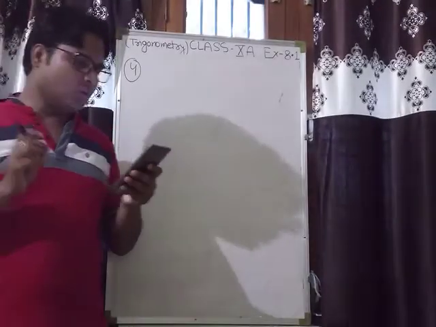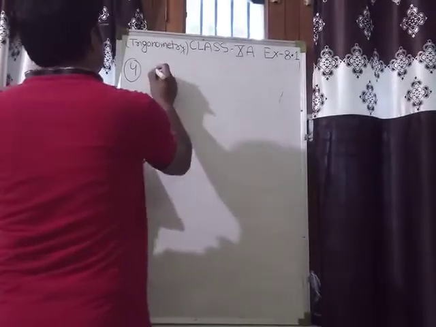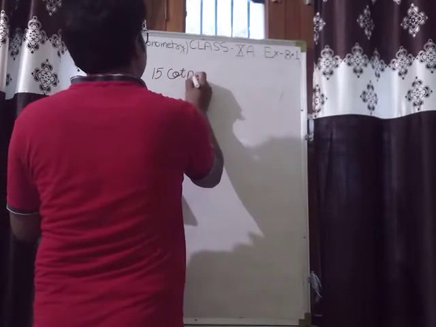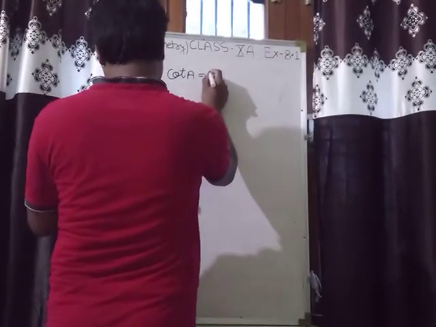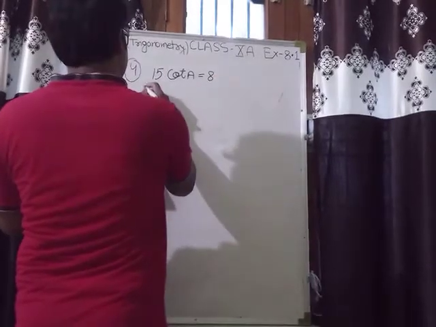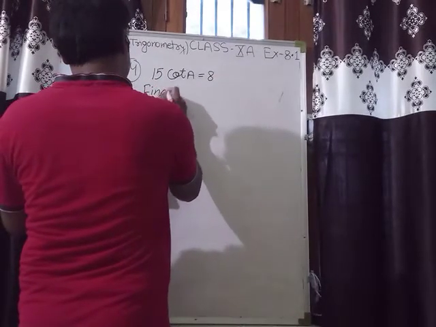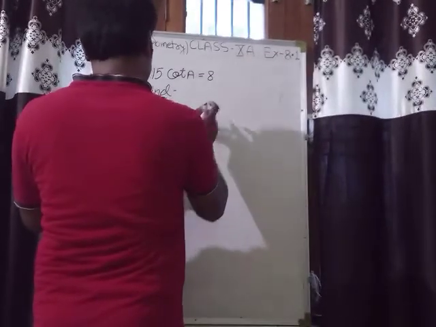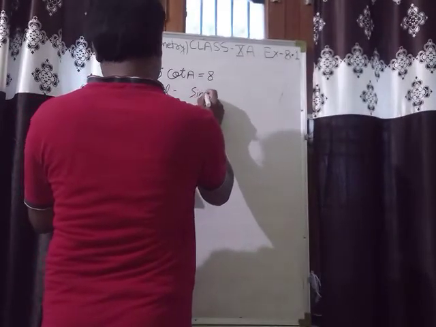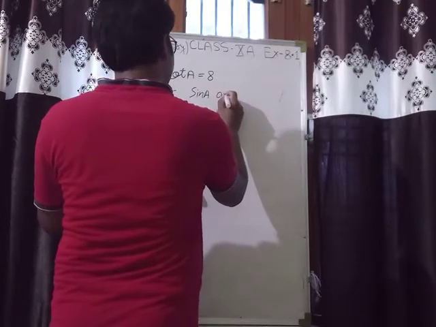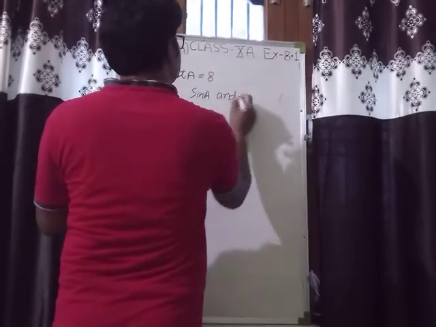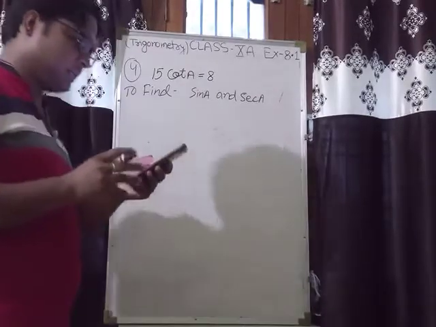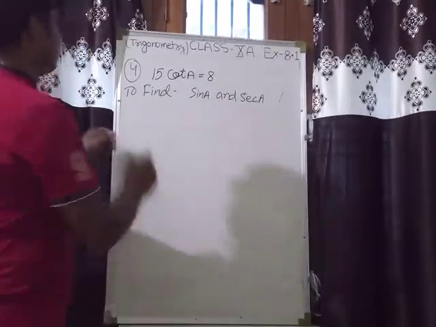Given 15 cot A equal to 8, then find sin A and sec A. Okay, see its solution.